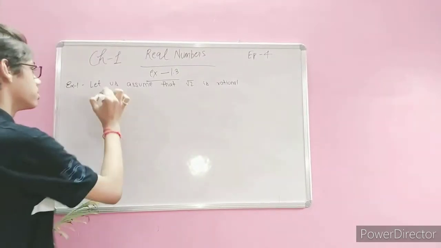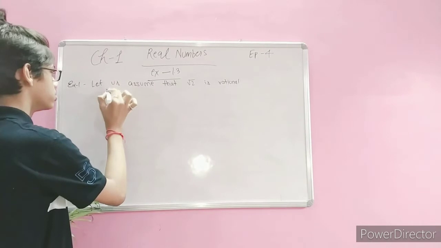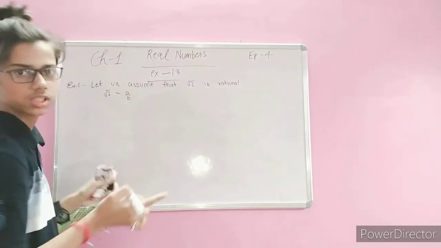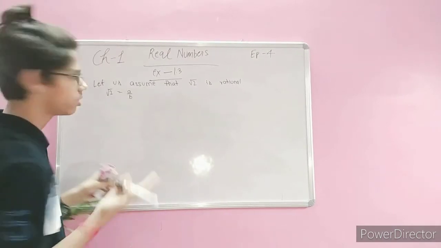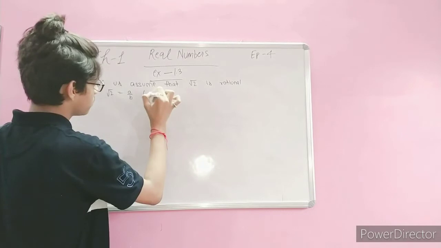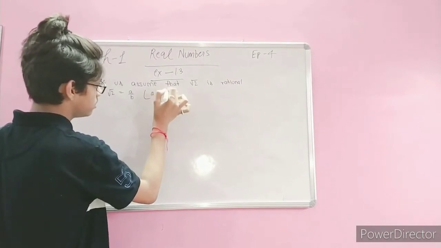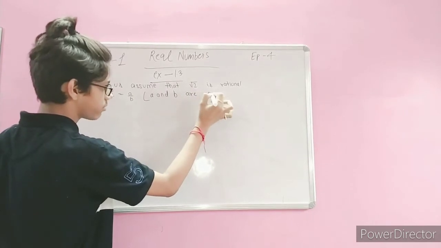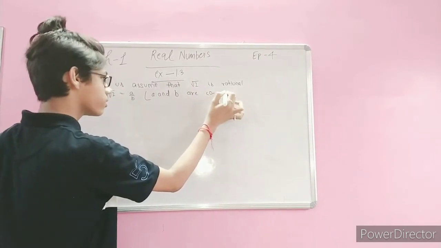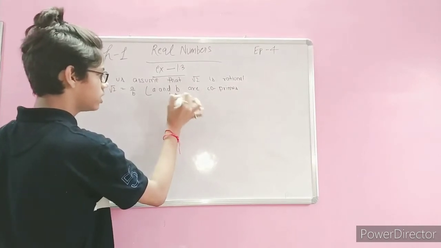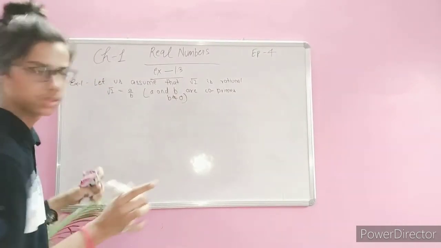So root 2 is equal to a by b, because a rational number is in the form of p by q or a by b, where a and b are co-primes, and b is not equal to 0.